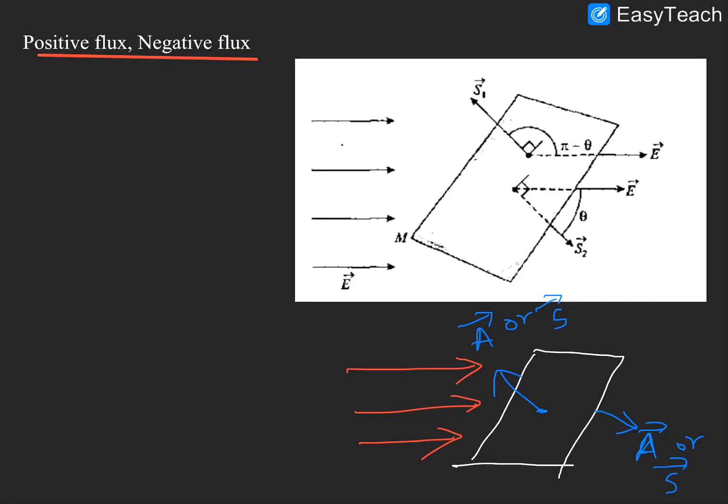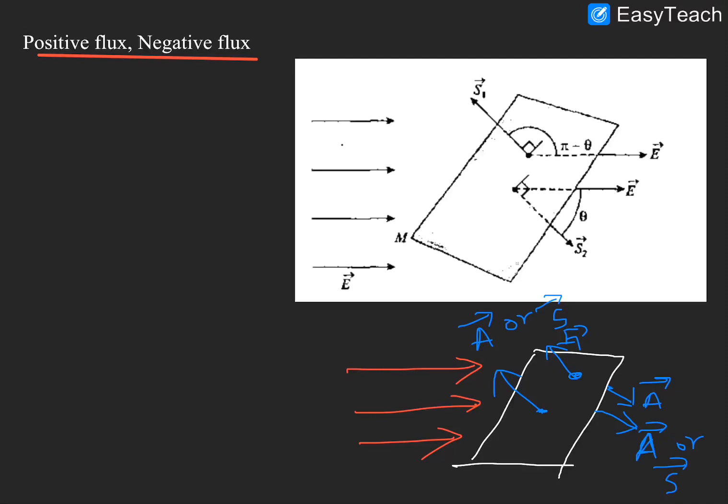So you can see that there will be two area vectors. Here also, if you consider an area vector perpendicular, there will be an area vector on the other side also. Like that, any point if you consider, there will be area vectors in both sides.